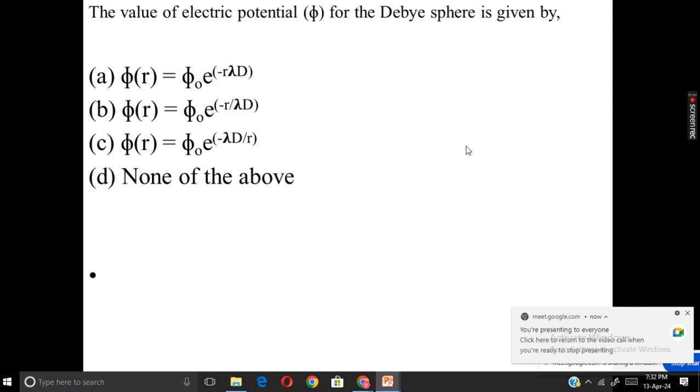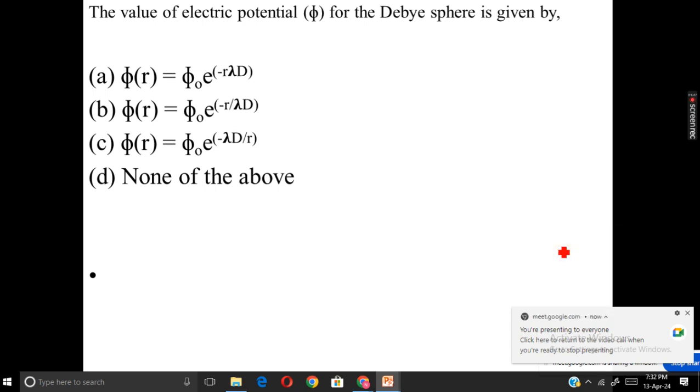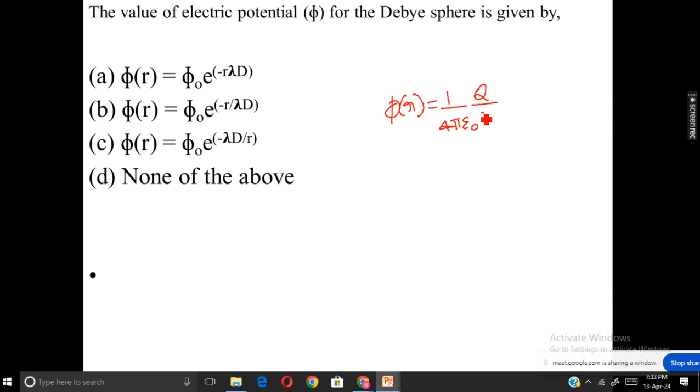So we have learned the equation, the potential at a distance r is given by 1 by 4 pi epsilon 0 q by r. Q is the charge that we are introducing. So this is basically due to the Coulombic force of attraction.